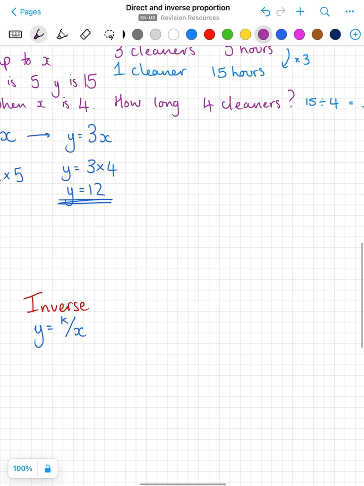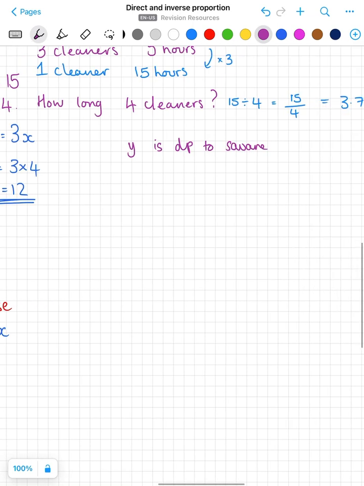Let's try one more of those. Y is directly proportional to the square of x. When x equals 3, y equals 36. Find y when x equals 5.